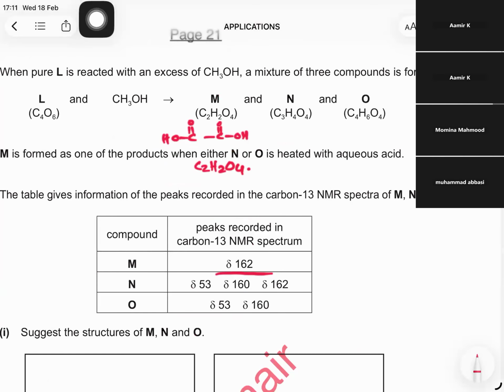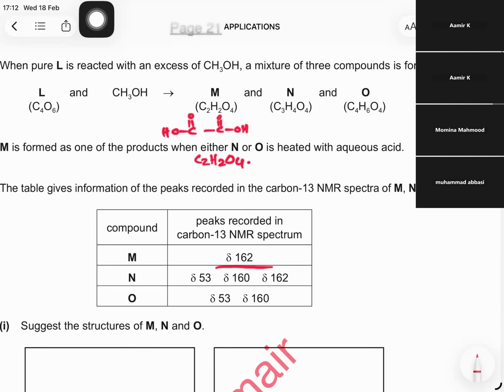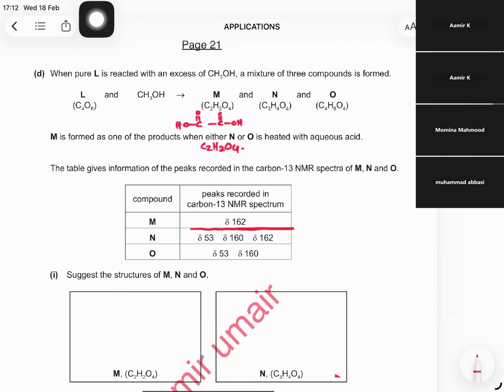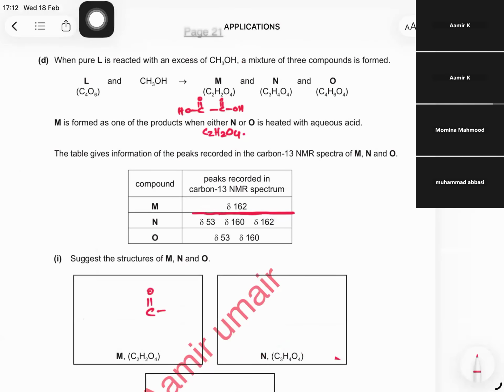Is it so? C2H2O4. So what is this? 162. So M is this. I got it.